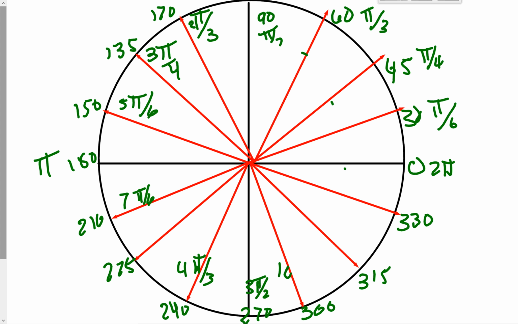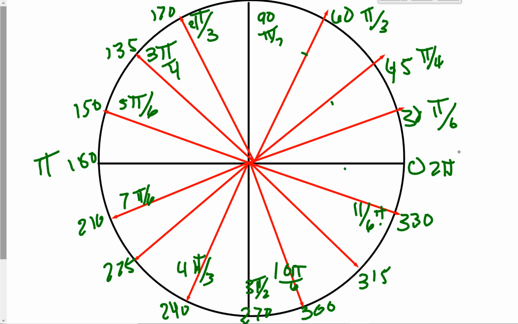This is 10 pi sixth. This would be 11 pi sixth. And this would be 12 pi sixths, which is 2 pi.